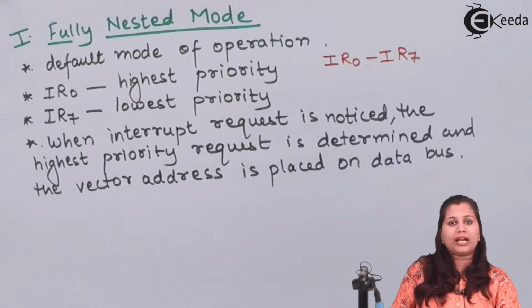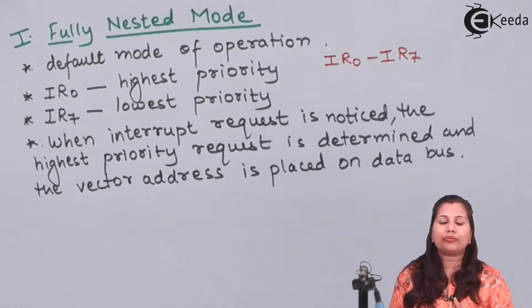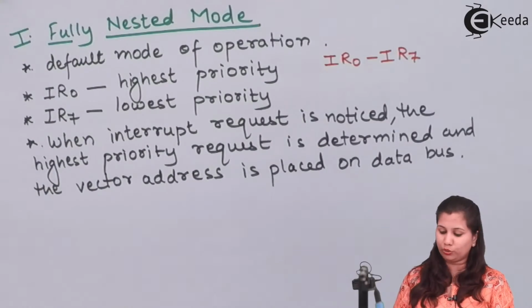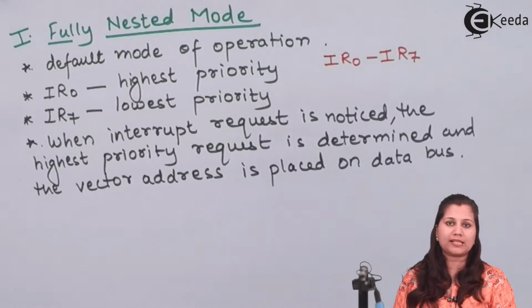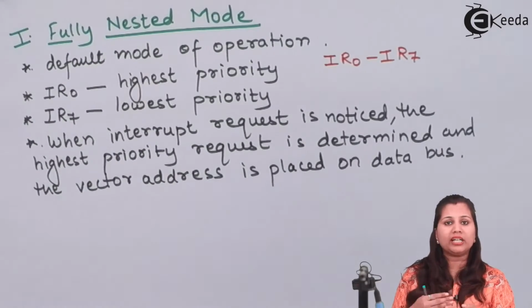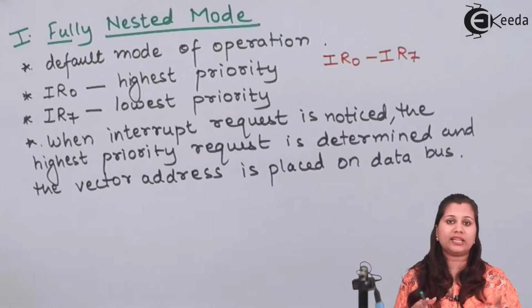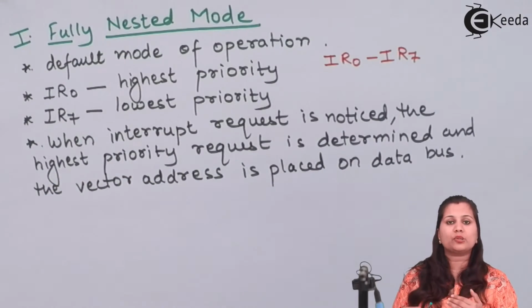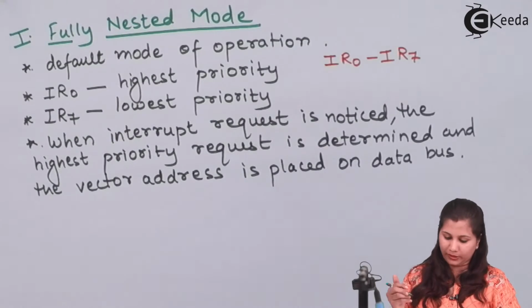Through these commands, the 8259 gets to know that the service routine has been completely executed and this interrupt request has been completely acknowledged by the microprocessor. Again it will check whether any interrupt request is still available, or if 2 or 3 interrupts are there, it will execute the next interrupt request by priority.